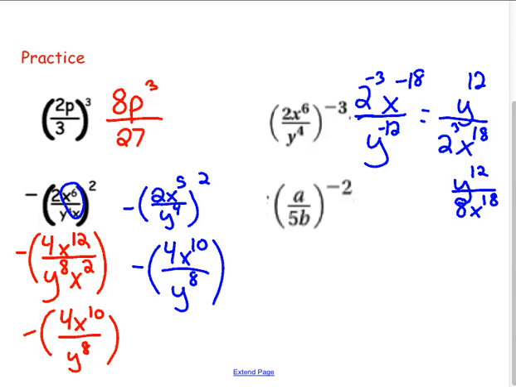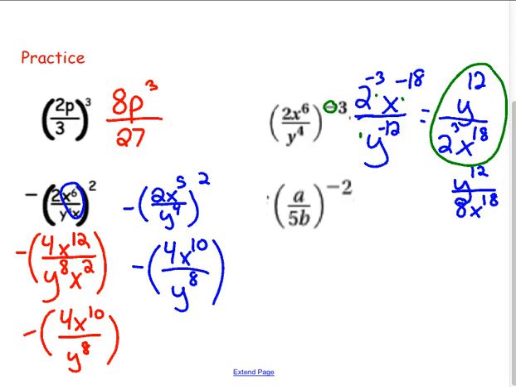All right, now I want you to notice something that happened here, okay? So what happened here is starting with the negative exponent, notice everything ended up flipping its location. The 2 came down, x came down, y went up.